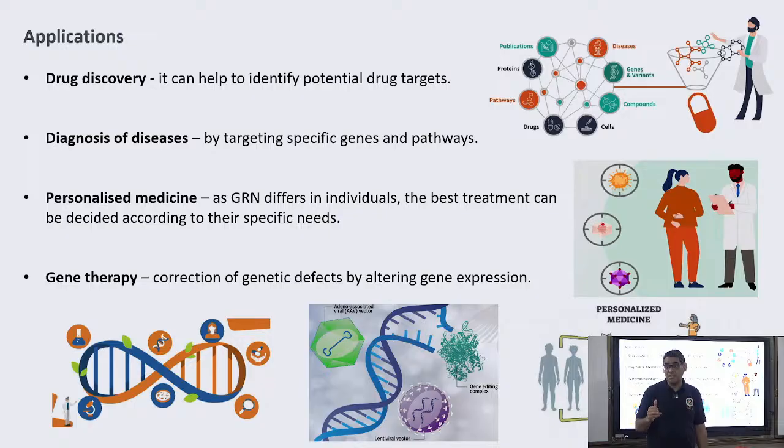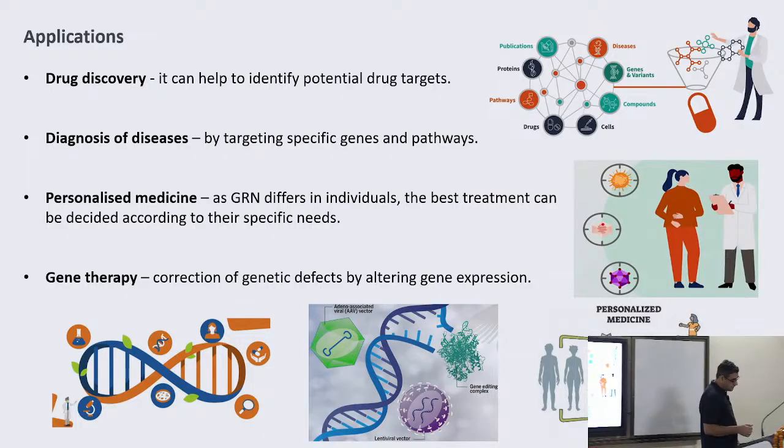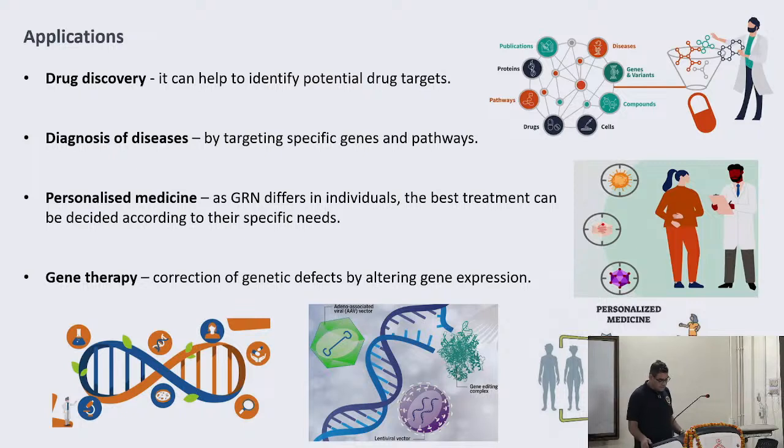This is personalized medicine. So which antibiotic will be more potent for that particular pathogen, that has to be prescribed. So this is important, and this is connected to that. Then gene therapy, correction of the genetic defects by altering the gene expression.